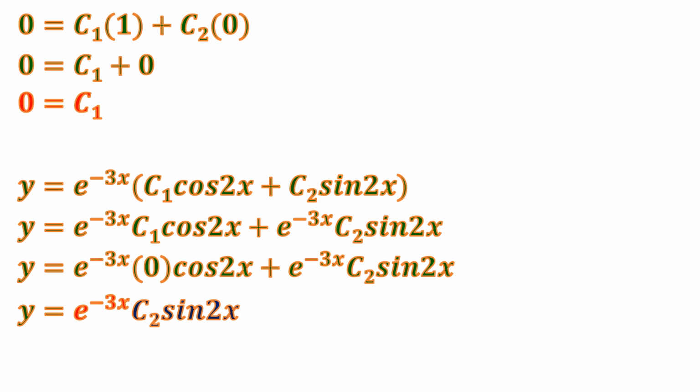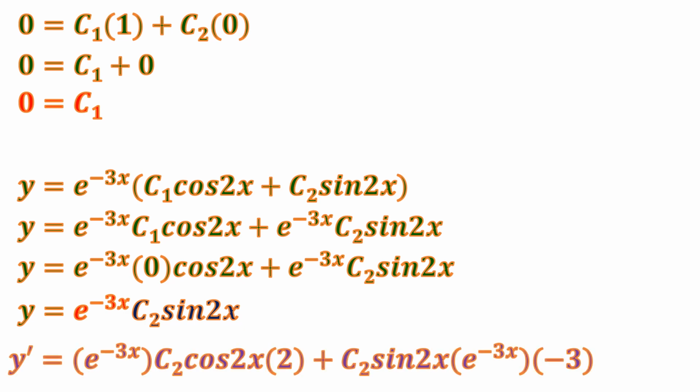If you're going to derive this, it's going to use the product rule, where u is the e negative 3x and v is the c2 sine 2x. If you can remember, deriving using the product rule is u times the derivative of v plus v times the derivative of u. So the first derivative of y is: copy the e negative 3x and then derive the c2 sine 2x.